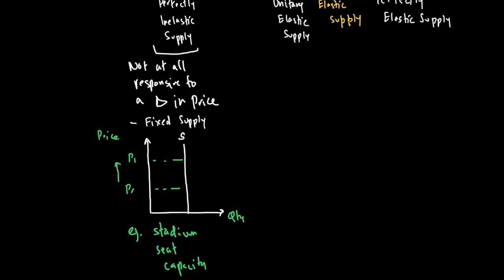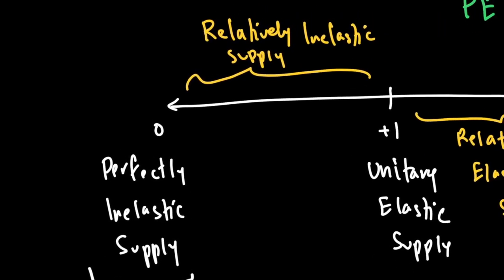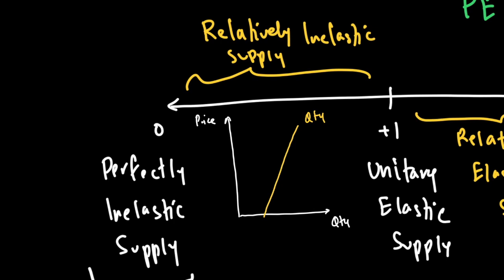Similarly, when you have a relatively inelastic supply curve, this is where the response is not that much. If it's a linear supply curve and it's inelastic, it will always come from the quantity axis. So I'm going to make a linear supply curve that comes from the quantity axis.